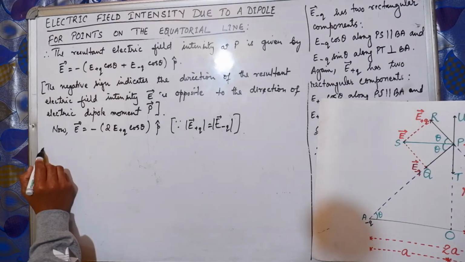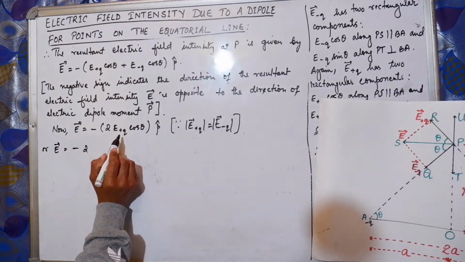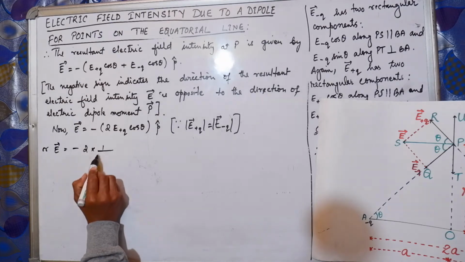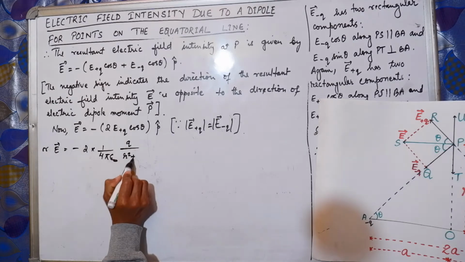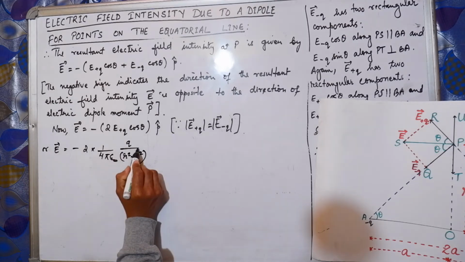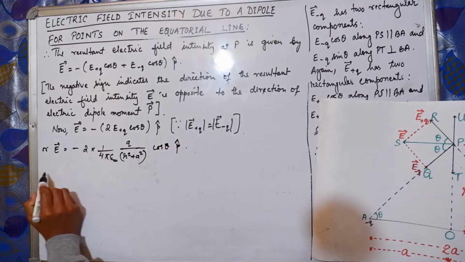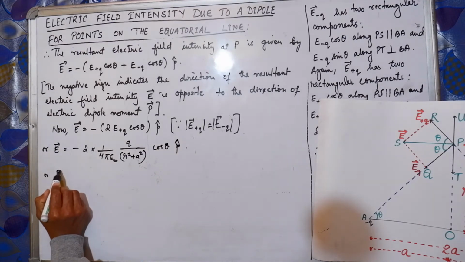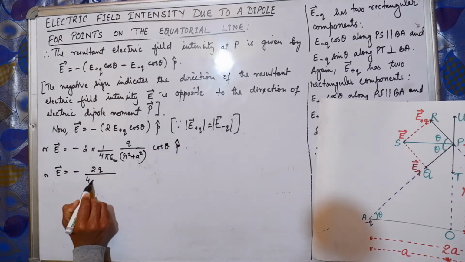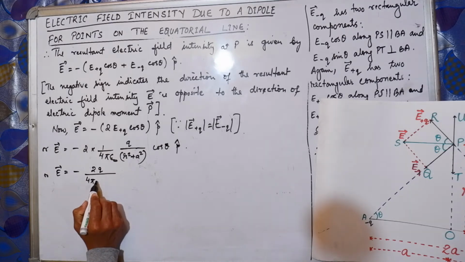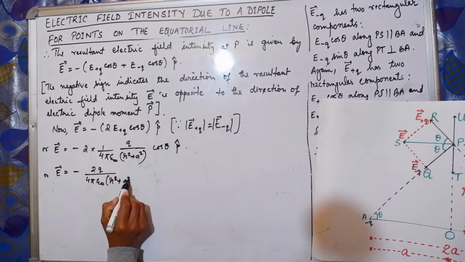So E will be equal to minus 2, instead of E plus Q, we will write 1 by 4 pi epsilon naught Q by R square plus A square, then cos theta and unit vector P. So we can write E will be equal to minus 2Q by 4 pi epsilon naught, then R square plus A square.